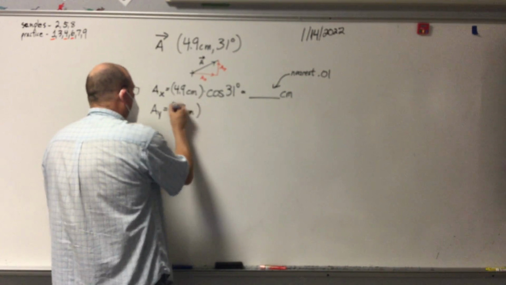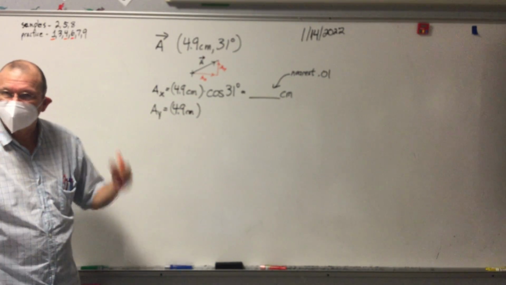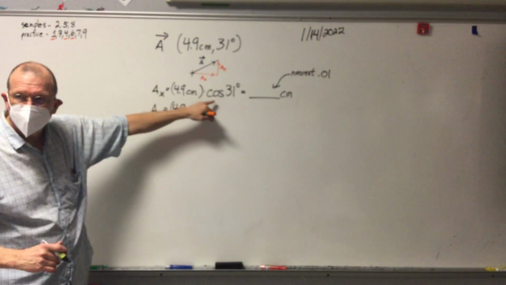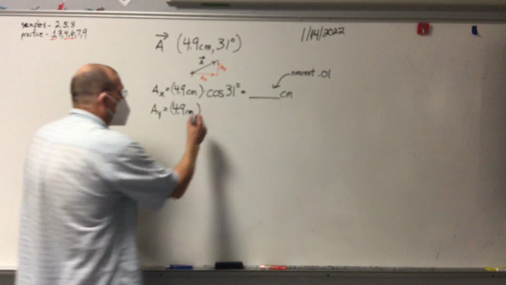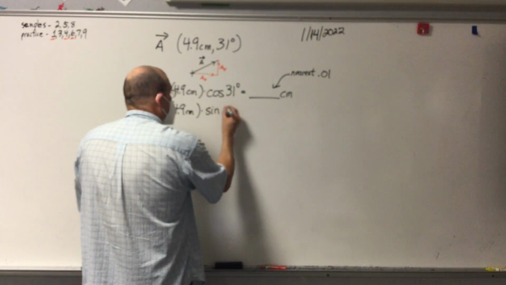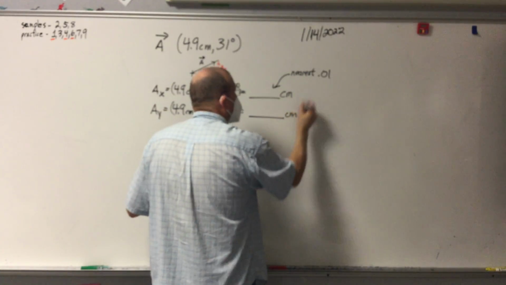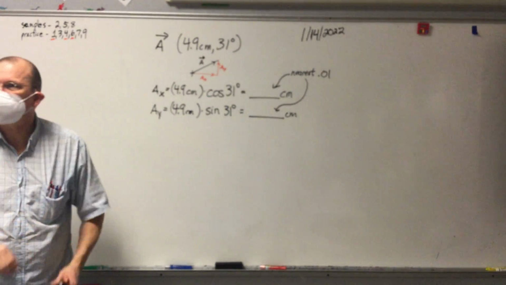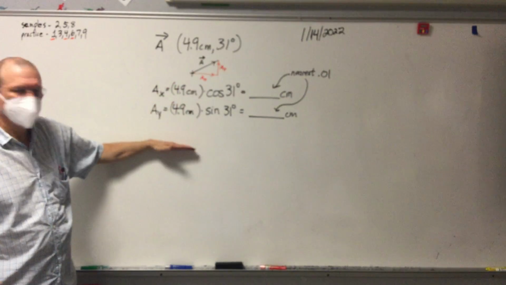If you're asking why I make you copy down this stuff, it's to drill into you this idea: if you're attacking the horizontal component, you think cosine, and if you're doing the vertical component, you use sine. That will also be rounded to the nearest 0.01. And when you're done with this, you go to B.